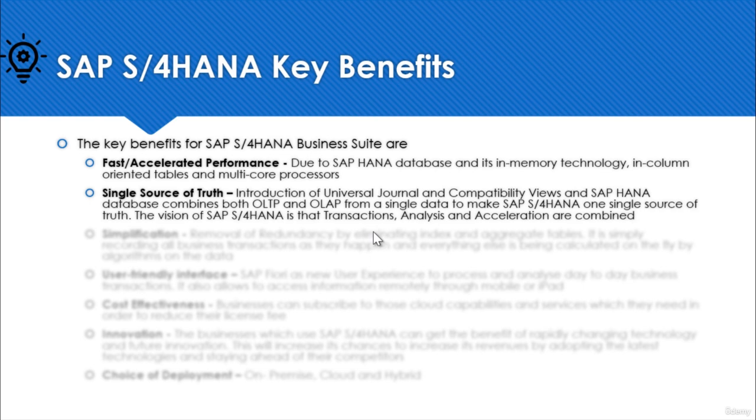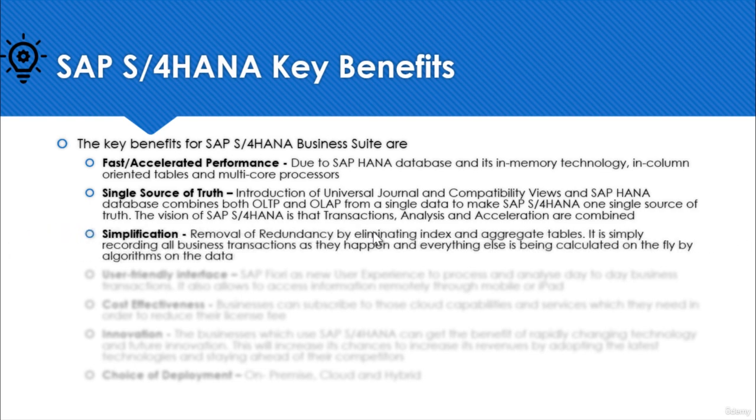The vision of SAP S4HANA is that transactions, analysis, and acceleration are combined. Then simplification by removal of redundancy. How? By eliminating index and aggregate tables. It simply records all business transactions as they happen, and everything else is calculated on the fly by algorithms on the data.